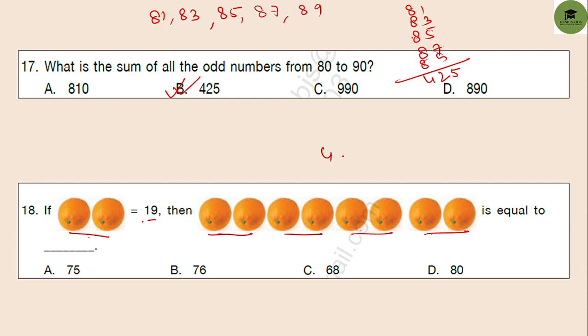So 4 pairs cost 4 into 19. Now what is 4 into 19? 19 ones are 19, 19 twos are 38, 19 threes are 57, and 19 fours are 76. So option B is your correct answer. It will be 76.